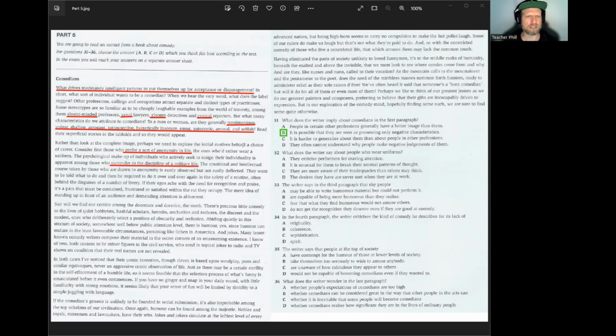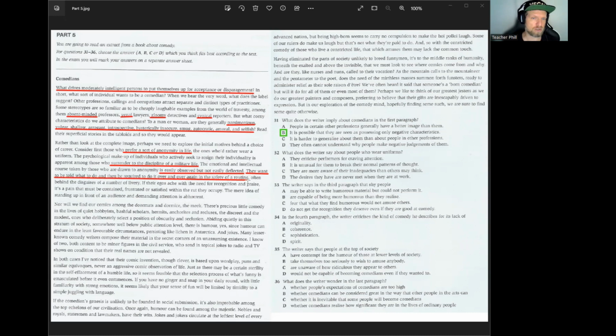So I guess they like discipline, they like routine. Okay, so here they talk about the emotional and intellectual cause being easily observed but not easily deflected. So I guess it means that this discipline is hard for them to change. So they are stuck in their routine a little bit. It also says here they want to be told what to do.